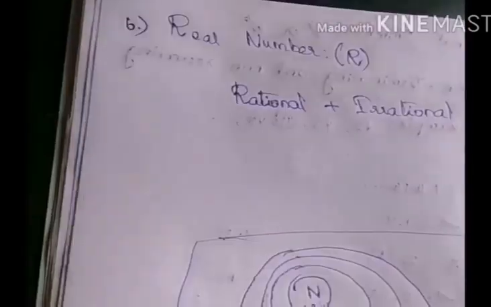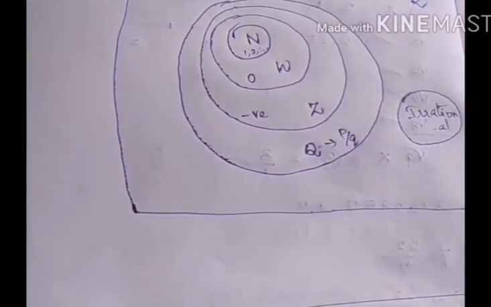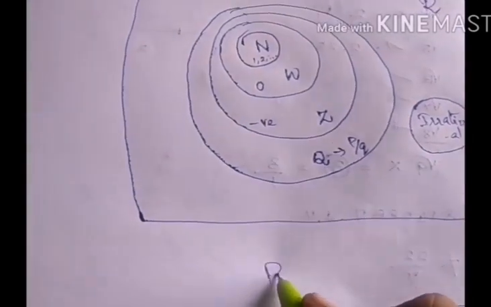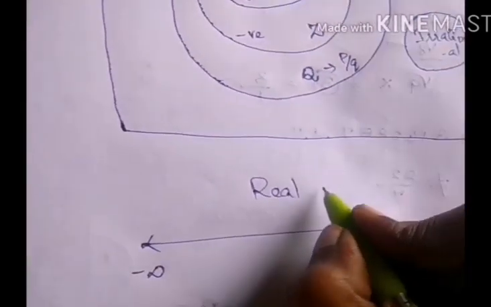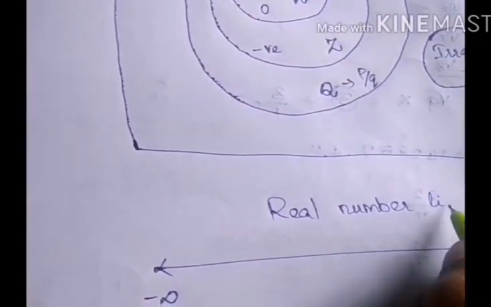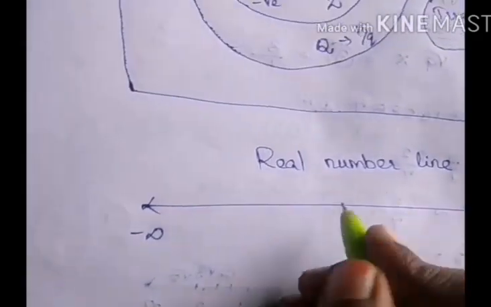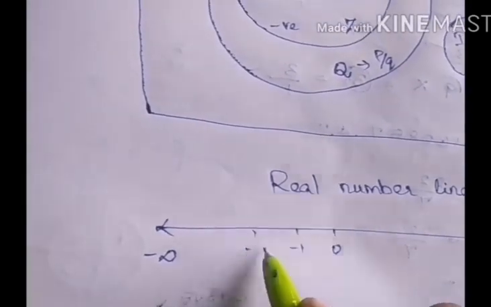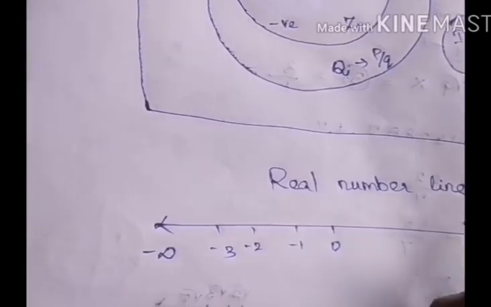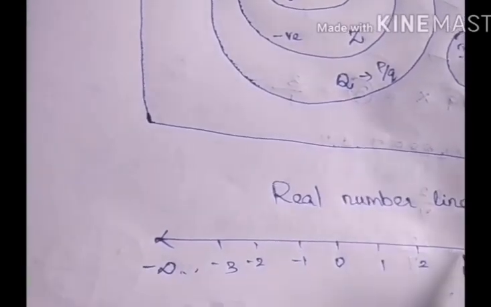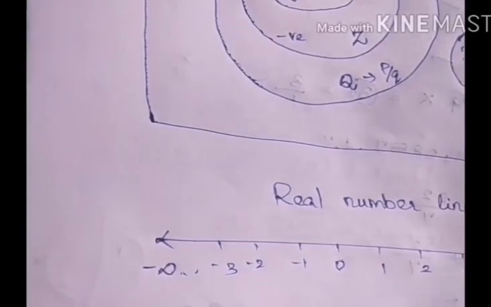This real number, when represented in number line, it is called real number line. 0 in the middle. Here comes negative numbers. Goes on. 1, 2, 3, goes on.